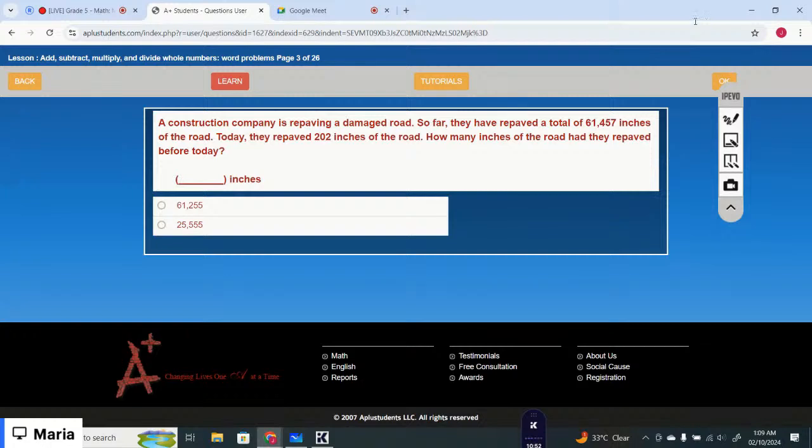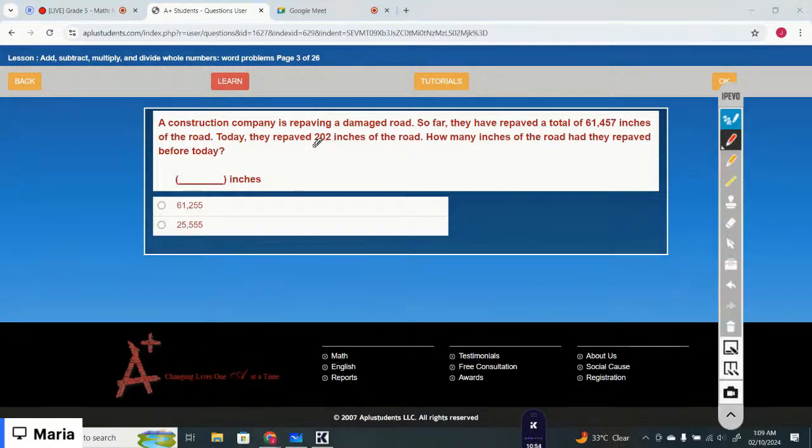So today they did 202, right? In total they did 61,457. Today they did 202. You need to calculate how much they did earlier. So which operation do you have to perform?